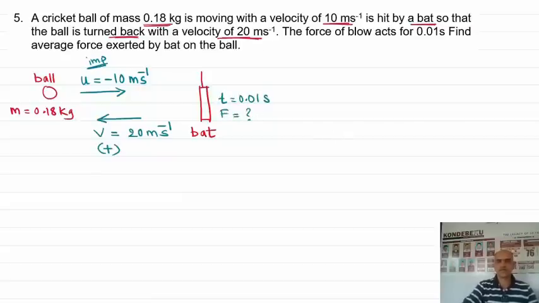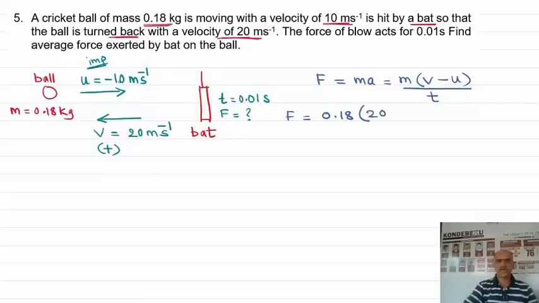Force applied by the bat. Again, he has asked F, means Newton's second law. Use Newton's second law, F is equal to ma. a means t has been given, so I will write it as (v minus u) divided by t. Therefore F is equal to, mass is 0.18, v is 20, u is minus 10, so minus of minus becomes plus 10, and time is 0.01.